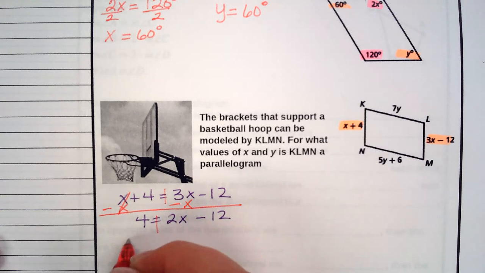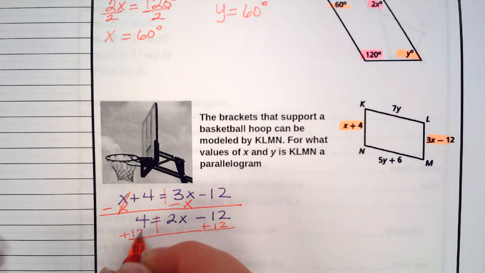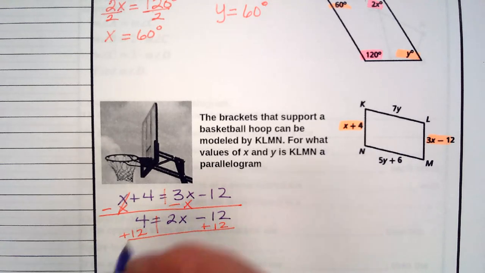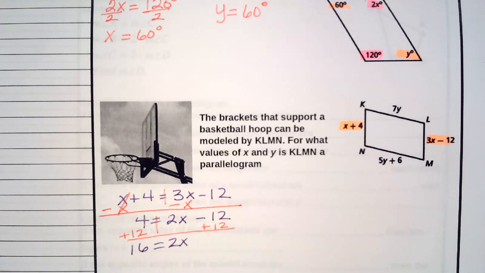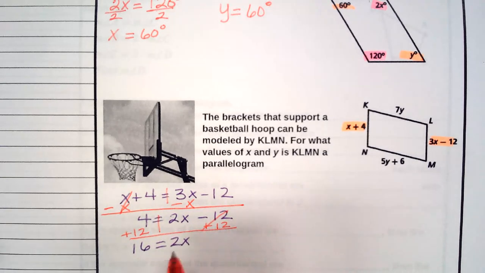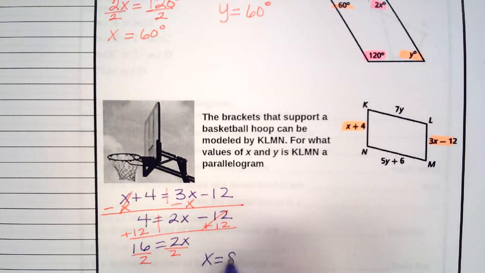Add 12 to both sides. 4 plus 12 is 16, which is equal to 2x. Last step is to divide by 2, and x is equal to 8.